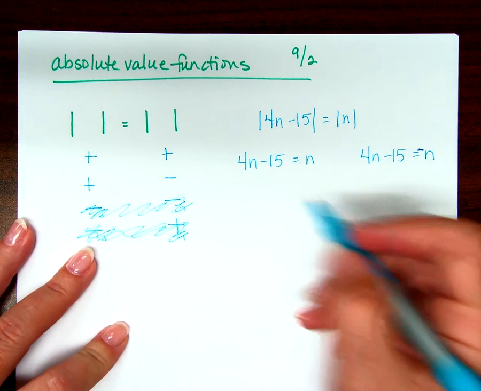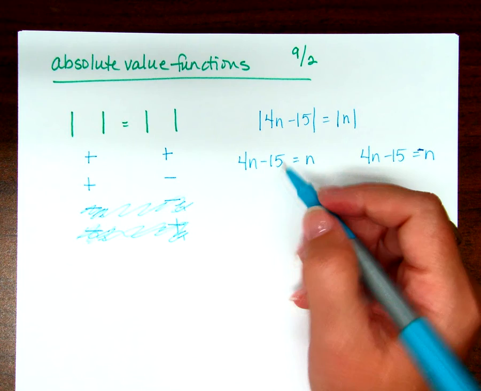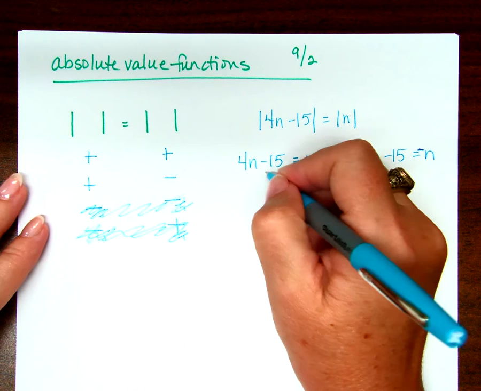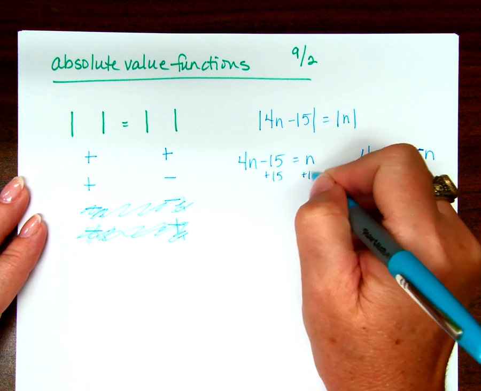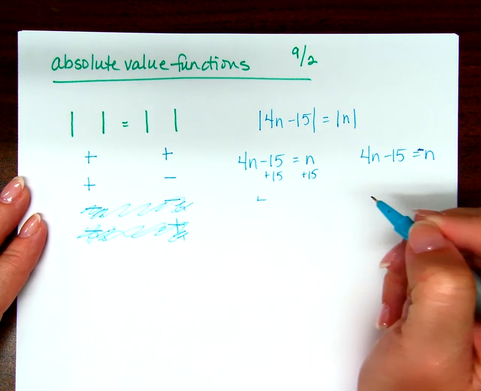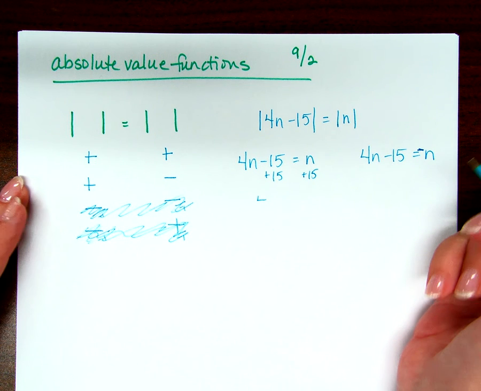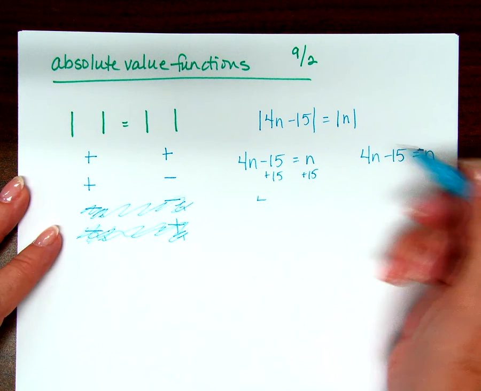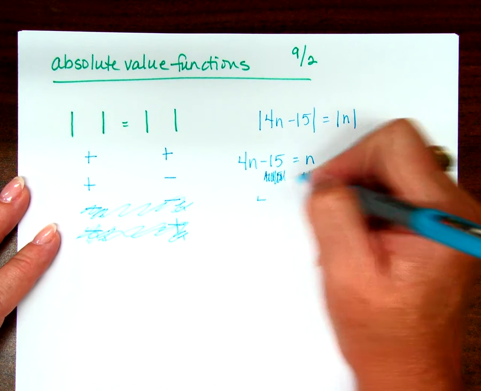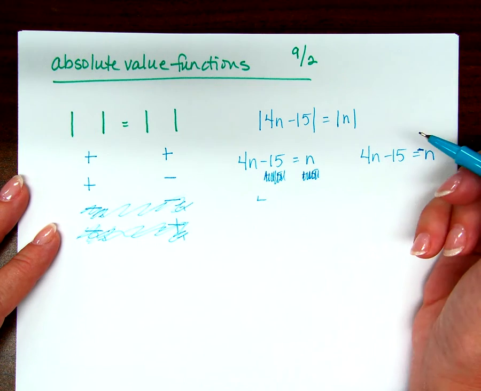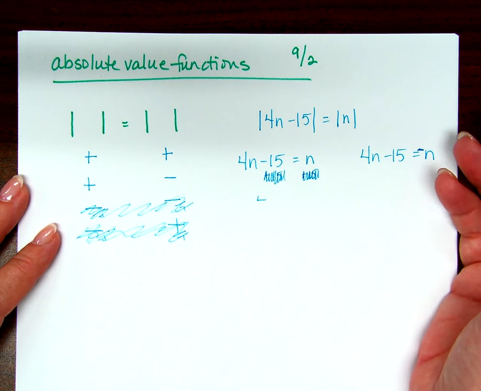Okay. So what do I do here? Add 15 to both sides. Wait, no. You get the n's together. Yeah, why would adding 15 do any good, right? Okay. That's all right. I was just writing what you said, but you fixed it, right? So that's good. So what would you actually do?